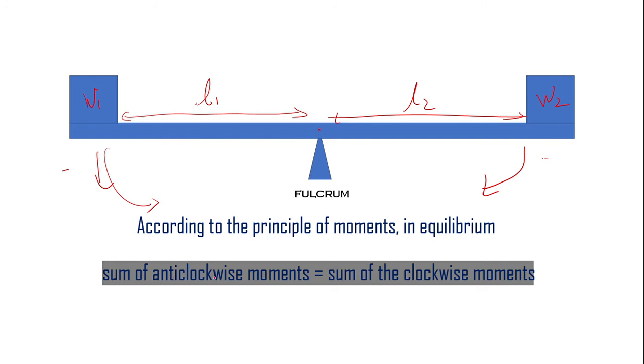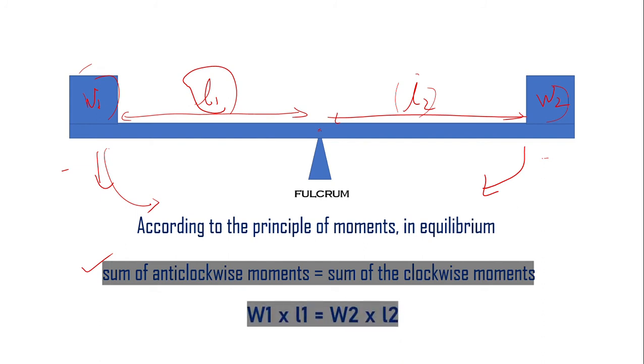So the moment generated because of this length and this weight should be equal to the moment from the other weight and its length. Remember this: sum of anti-clockwise moment is equal to sum of clockwise moment. It is also represented as W1 into L1 is equal to W2 into L2.